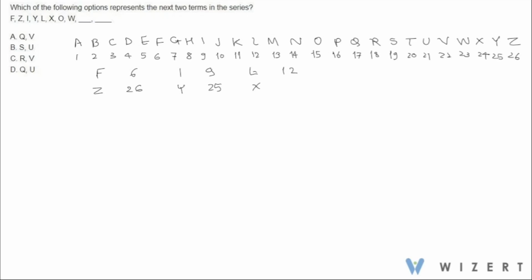Now the pattern here is these letters are increasing by 3. So alternate letters are obtained by adding 3 to their numbers.